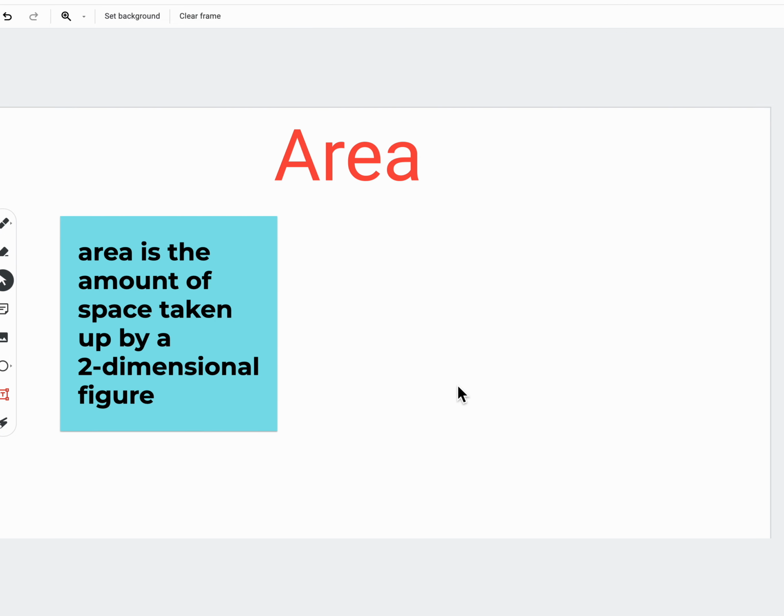One way to think about area is the amount of paper that a figure would cover. For example, the larger the area, the more paper that figure would take up.